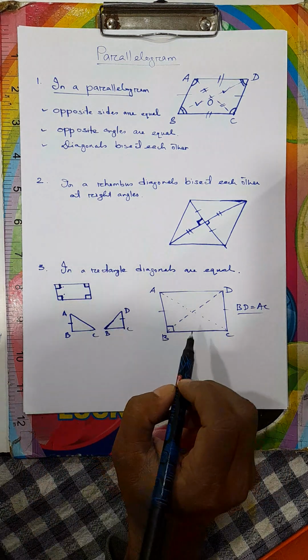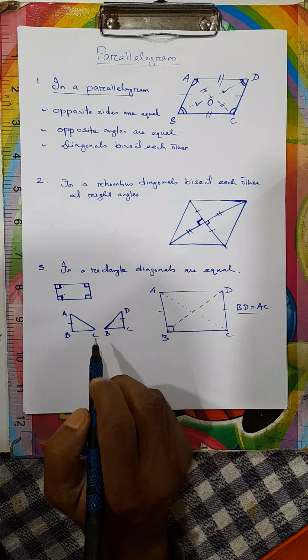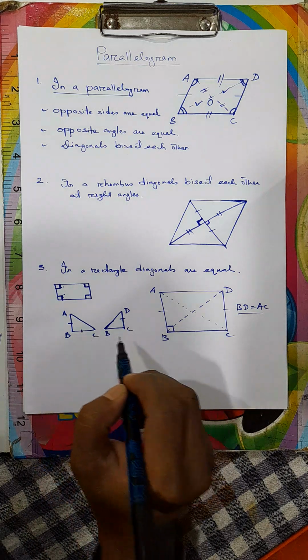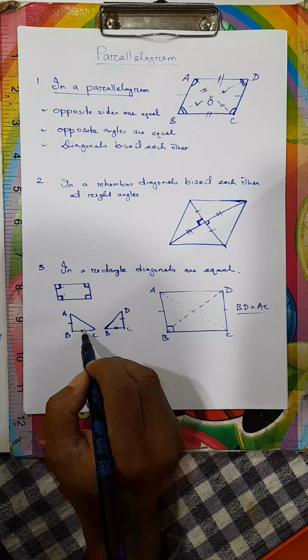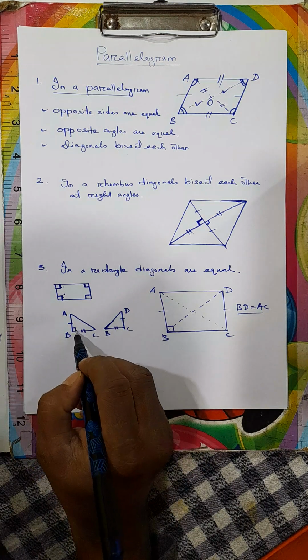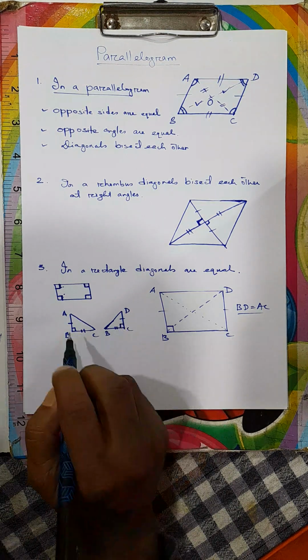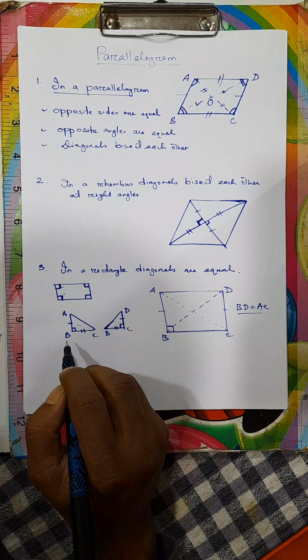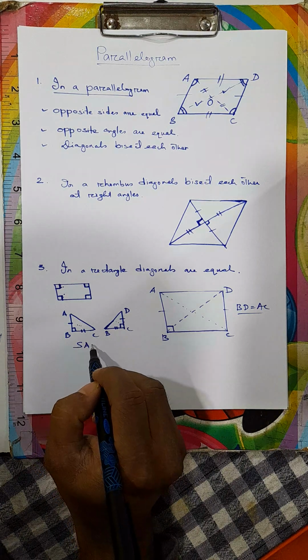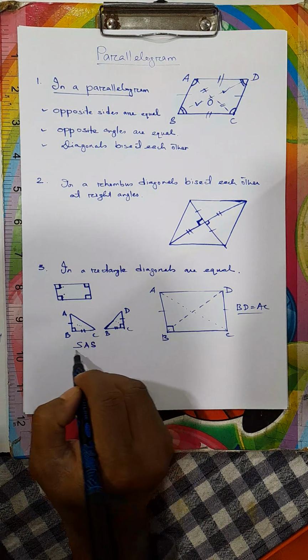Rectangle is also a parallelogram, so opposite sides are equal. Then BC equal to BC, common side, right? BC common. Then this angle is 90 degrees. So these two triangles are congruent by SAS congruence criteria, side angle side.